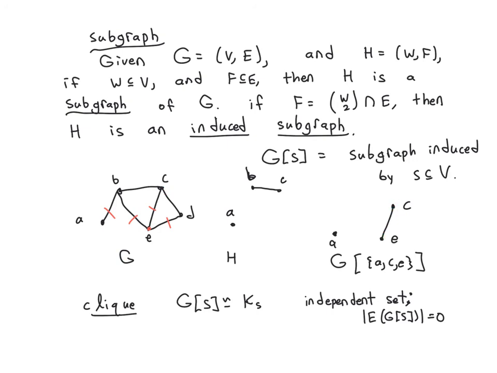So the only edges in that case are the edges between C and E. Then this is the induced subgraph. So the induced subgraph is found by only deleting vertices and incident edges to the vertices you've deleted.